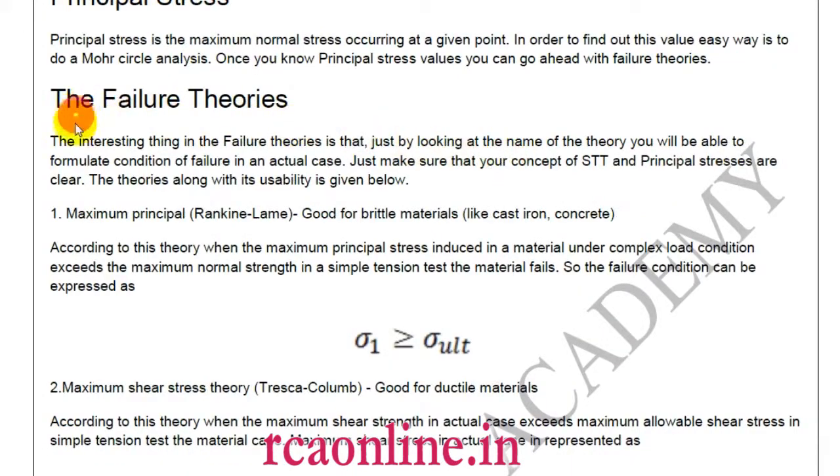The first theory is the maximum principal stress theory. This is given by Rankine and Lame. It is good for brittle materials like cast iron and concrete.